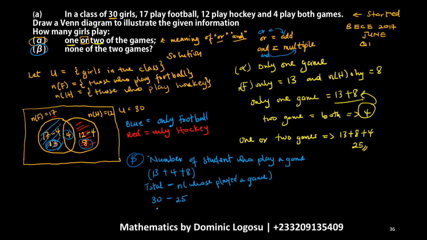So the total which we know is 30 minus the number of students who played, and it will be 30 minus 25, and that will give our answer to be 5. So our 5 is actually our complement, and they played none of the game.